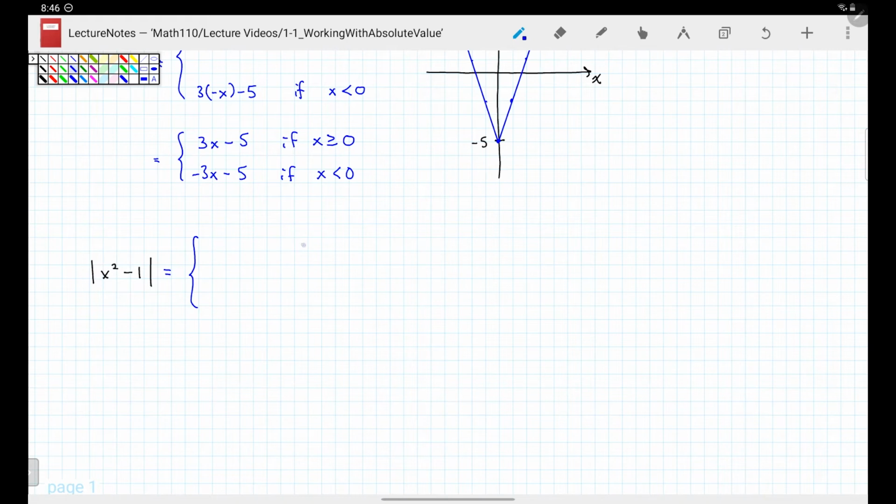So we're going to have one thing if x squared minus 1 is greater than or equal to 0, and another thing if x squared minus 1 is less than 0. Now, if the thing inside the absolute value is positive, then the absolute value is that thing, x squared minus 1. If the thing inside the absolute value is negative, it's going to be the opposite of that, negative x squared minus 1 in parentheses.